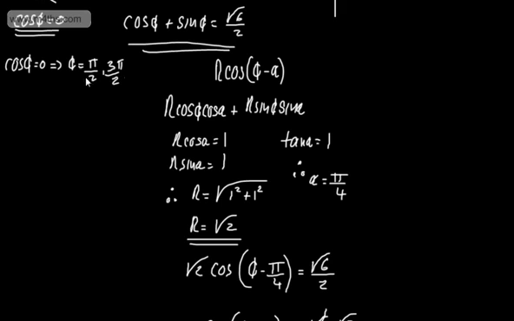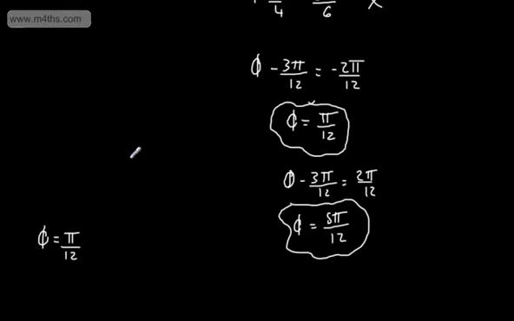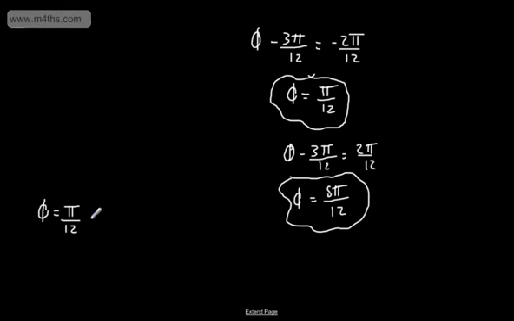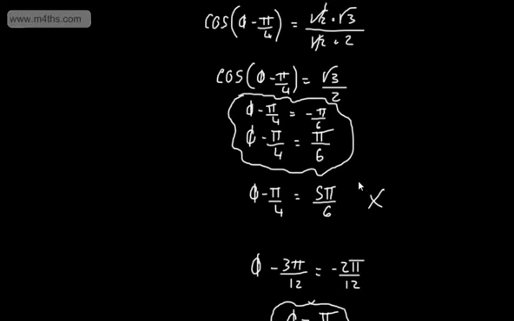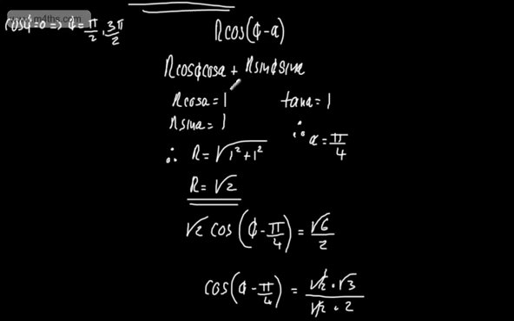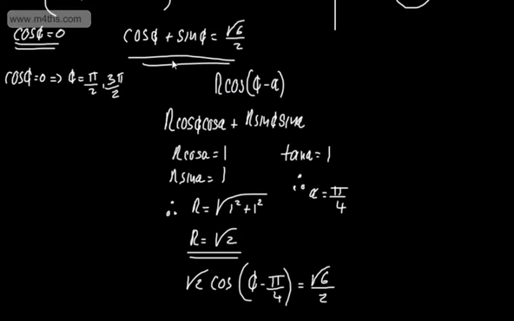So let's look at that. And what else have we got? Pi by 2 and then 3 pi by 2. So we've got pi by 12, we've got 5 pi by 12, we've got pi by 2, and then we've finally got now 3 pi by 2. So 4 solutions in the interval, and it's entirely up to you at this stage where you get those from. When I did the r cos of theta minus alpha, you might not need that.